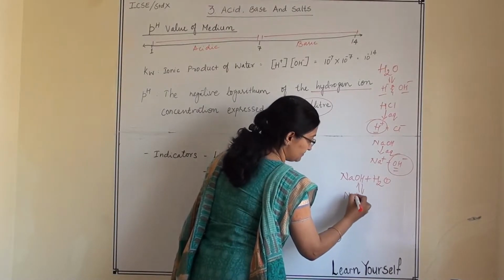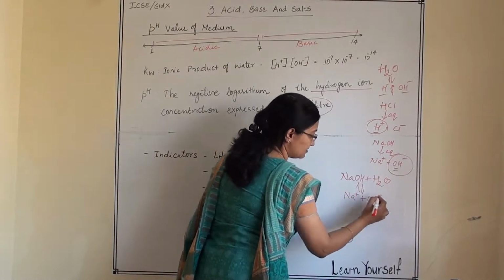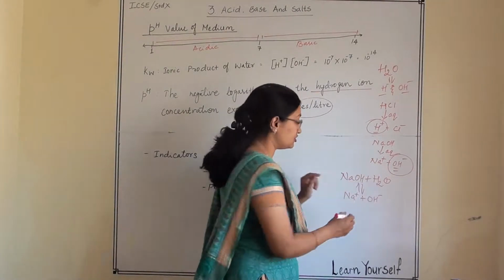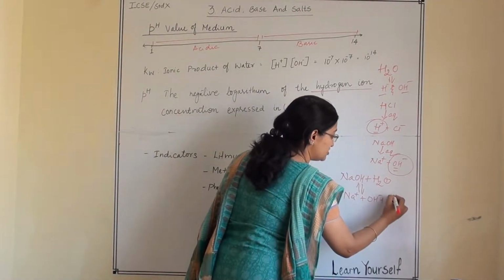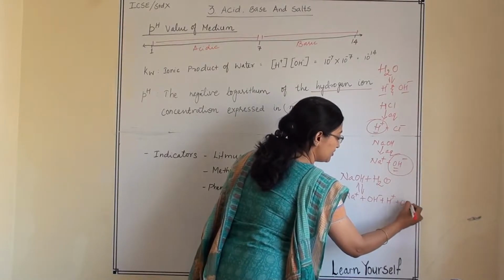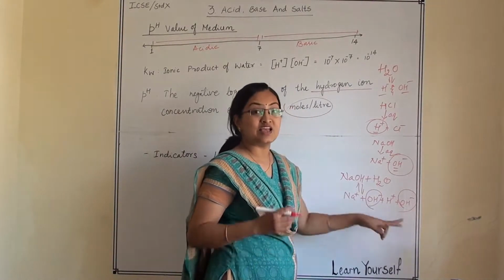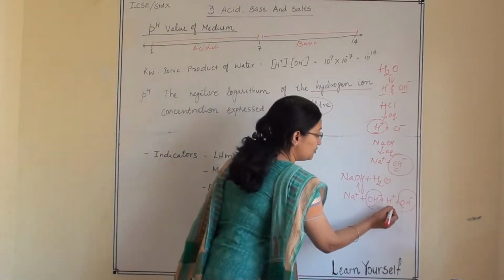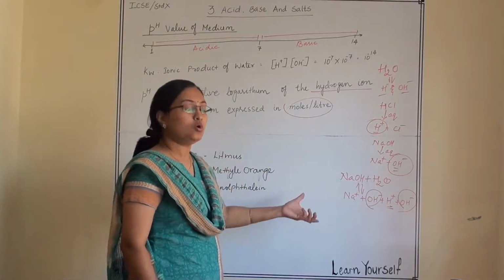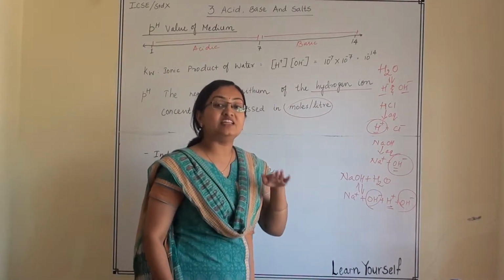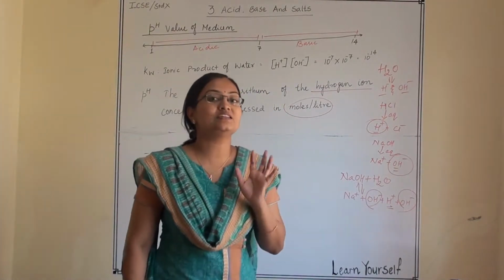Na plus and OH minus from this. Again, a dissociation product of water: you will get H plus and OH minus. Here, if you see, the concentration of OH minus has been doubled compared to H plus. So the H plus ion concentration will be very less in basic solution.